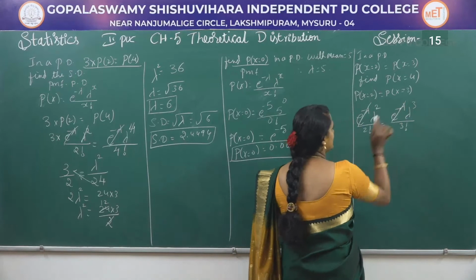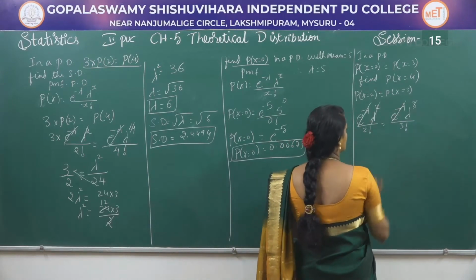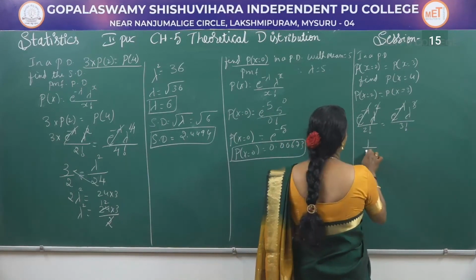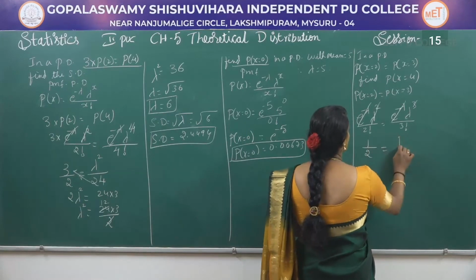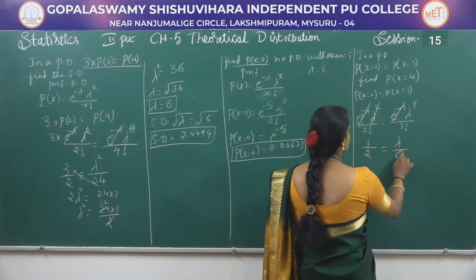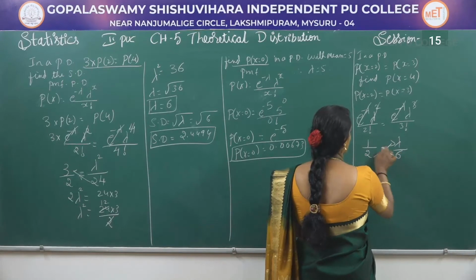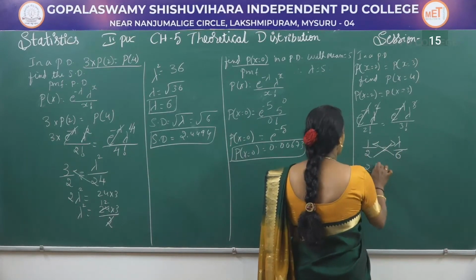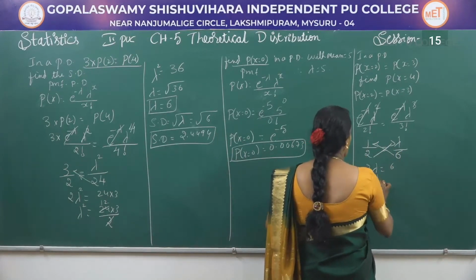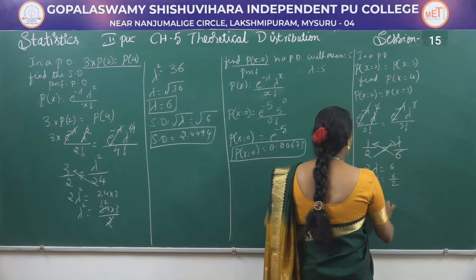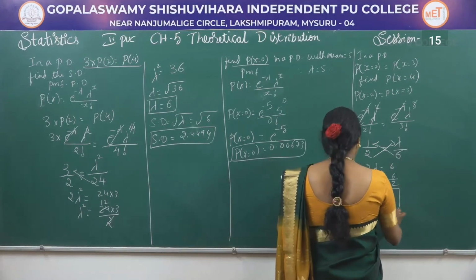Here e power minus lambda will get cancelled. Lambda square will get cancelled. It is 1 by 2 factorial, which is 2, is equal to lambda by 3 factorial, which is 6. Take the cross multiplication. So 2 lambda is equal to 6, or lambda is equal to 6 by 2. So lambda is equal to 3.